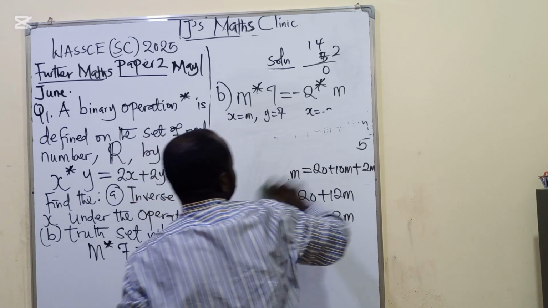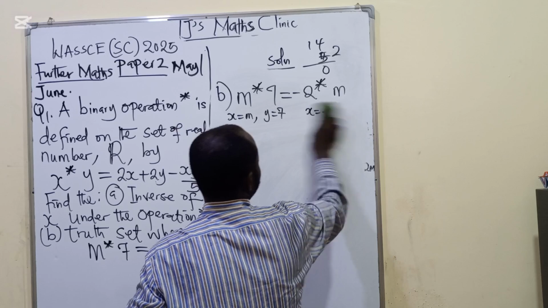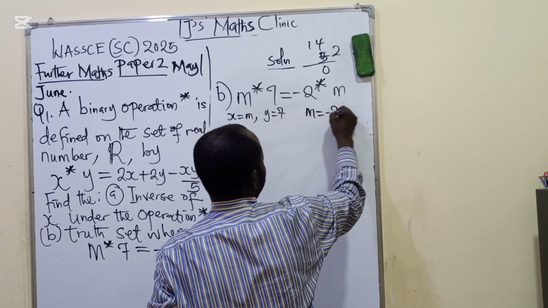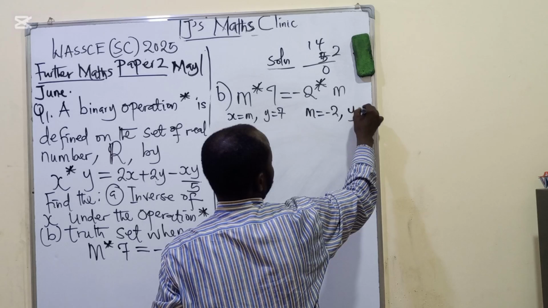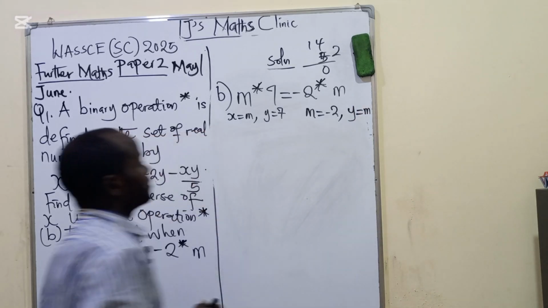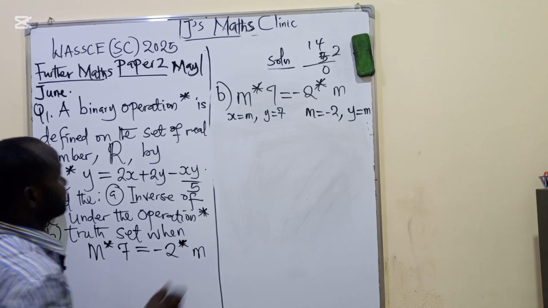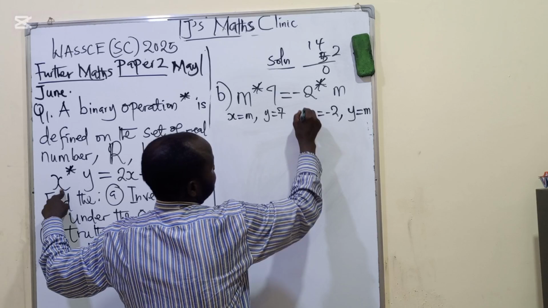Permit me to clean this so that we substitute this very well. Then y is M in this case. Then M is 2. X is, when we relate this, x is minus 2 rather.